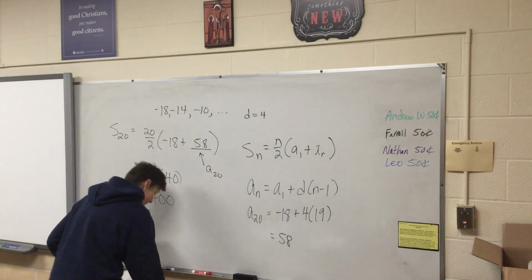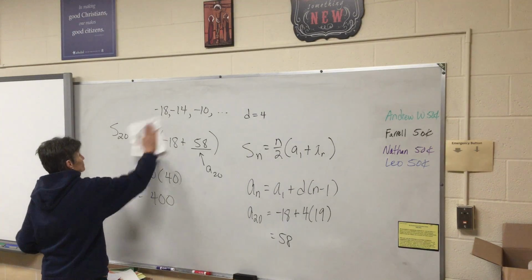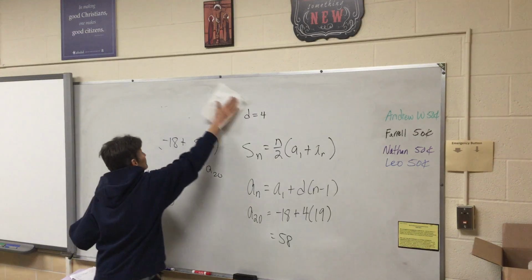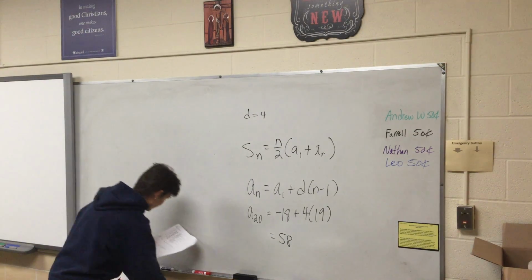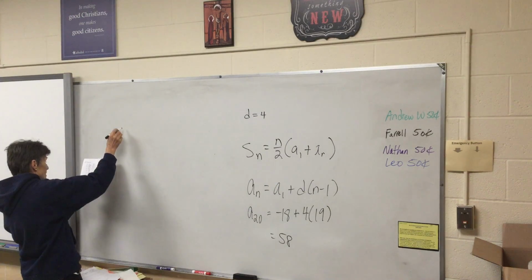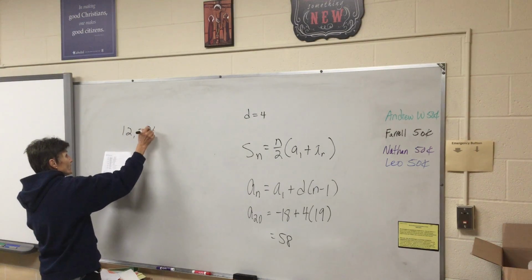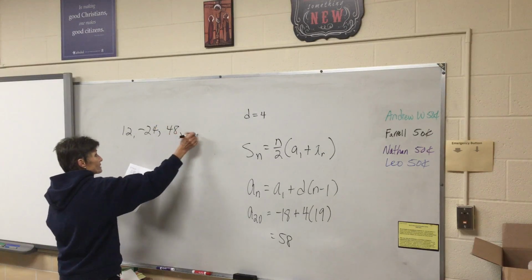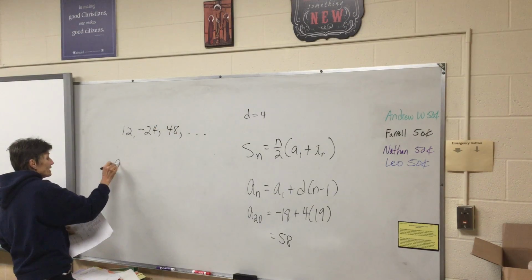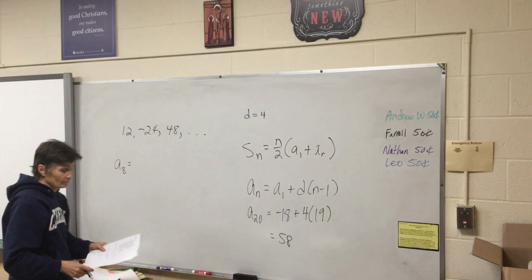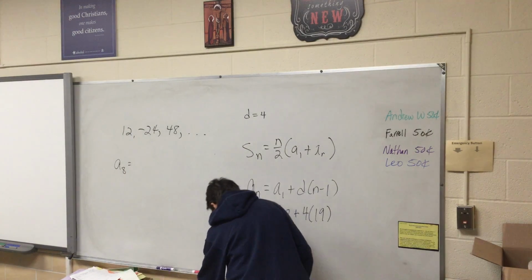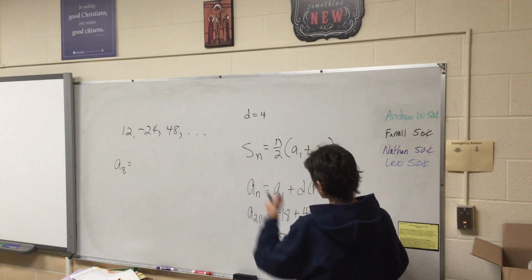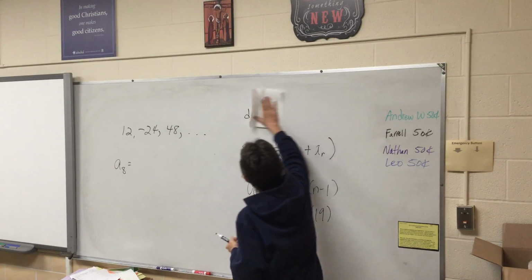All right, next. Hope you're writing these guys down. 12, negative 24, 48, and I want to find a sub 8. You can't do this at all unless you know what's going on in this sequence.